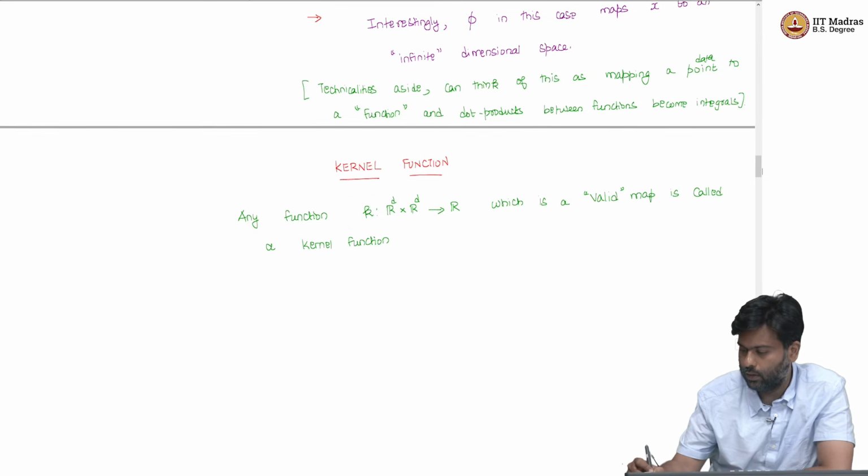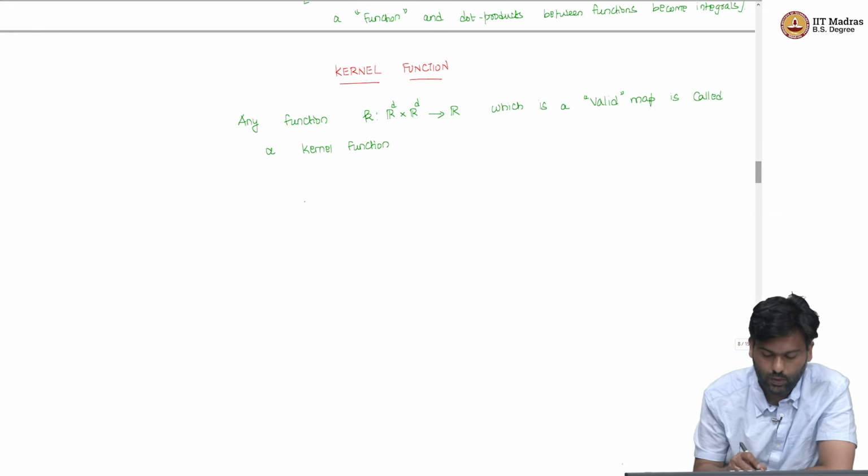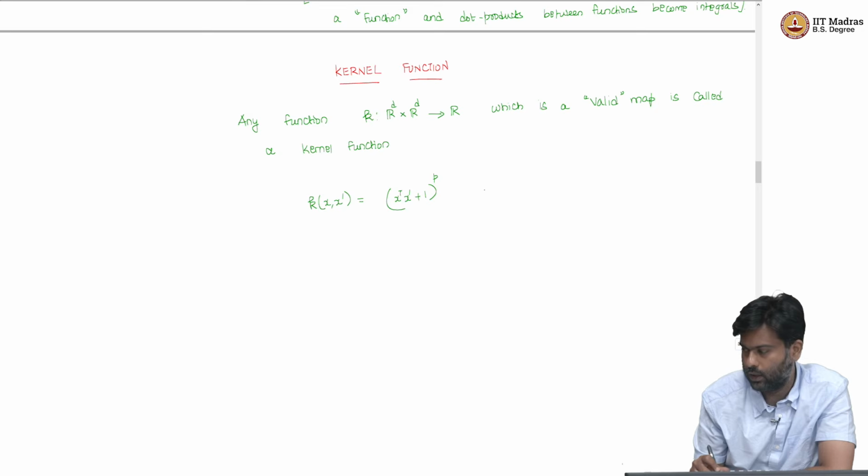Okay, so if k of x comma x prime happens to be (x transpose x prime plus 1) power p, which is what we saw earlier, this is called a polynomial kernel with power p.